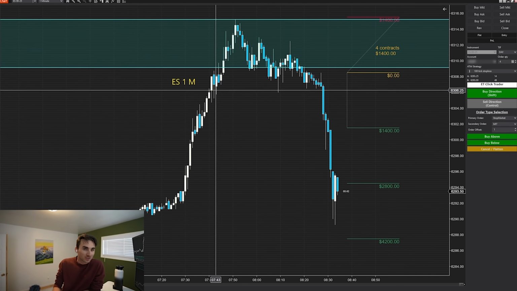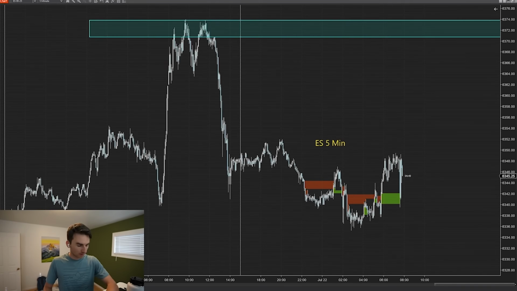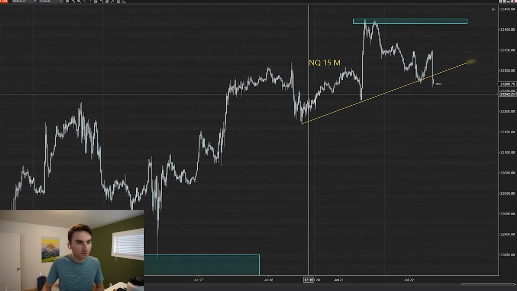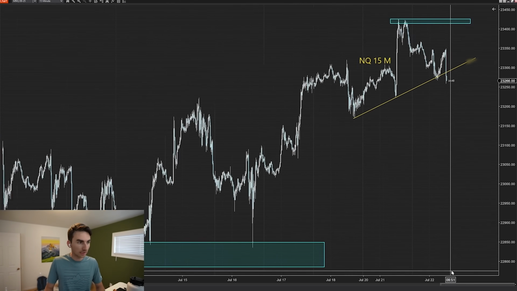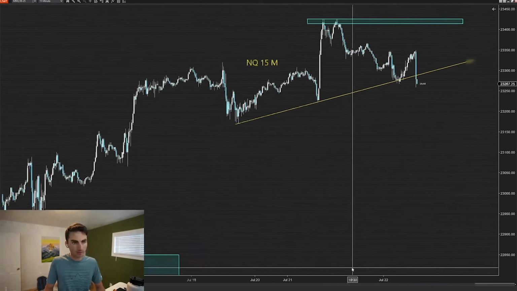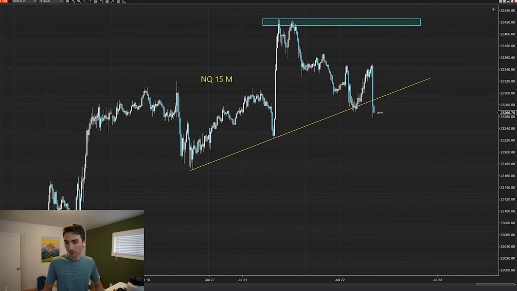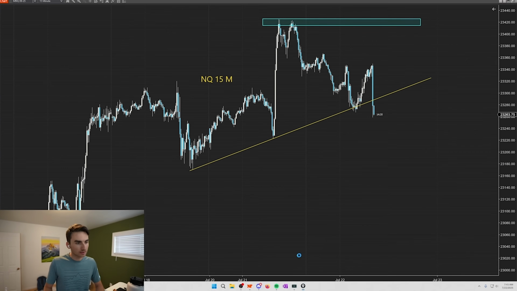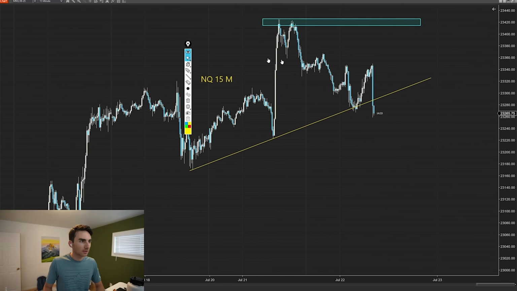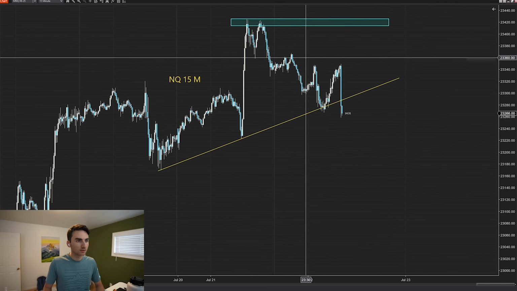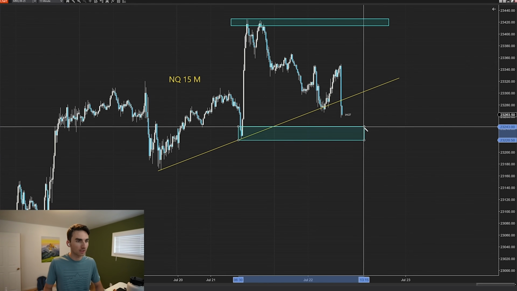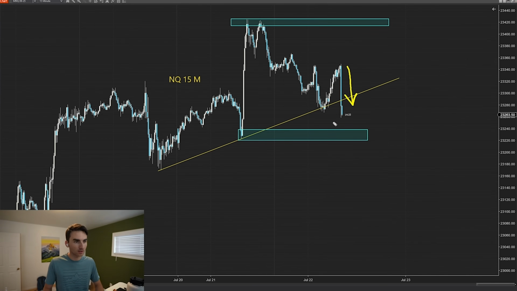Okay, so the market has been open for 15 minutes here. Looking at the NASDAQ futures and the ES futures, the NASDAQ has a pretty good uptrend in place, as well as the ES. I would say there aren't really great constructive support levels. We might come down here and bounce. It looks like we're selling off right now.